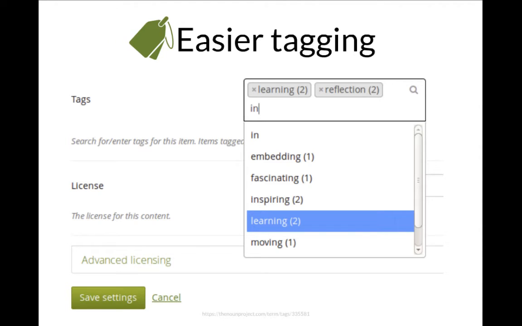So it made a lot of sense to also use it for tags in general. All you need to do now is start typing a letter or a word, and then the suggestions come up, and if there's no word for that yet, it will be added to your tags.